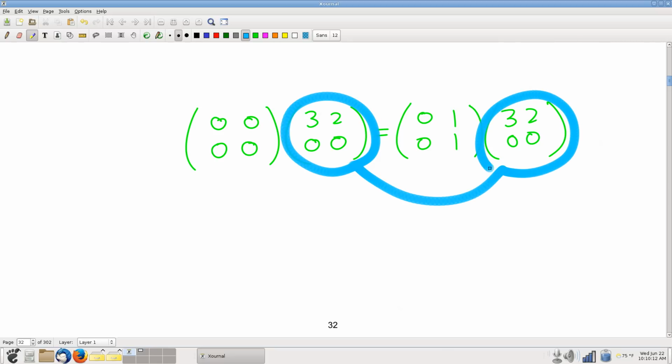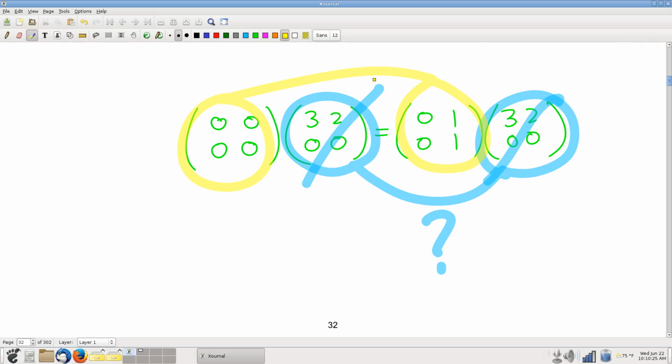But if you look at this shared factor on the right on both sides of the equation, if you were to cancel those as if that were okay, then look what you'd end up with. You'd end up with, again, an equation that's clearly false. Right? So this is an example of a situation in which right cancellation is not allowed.